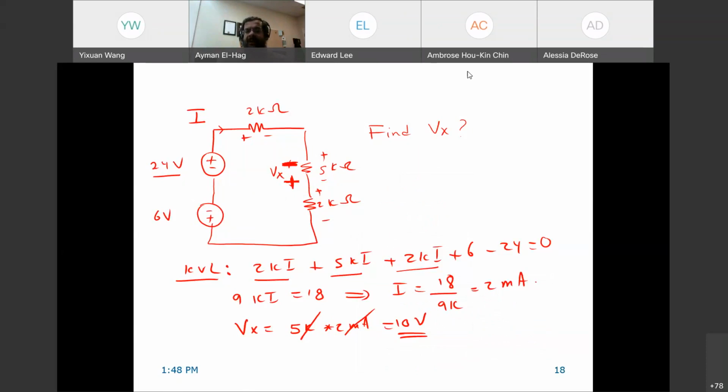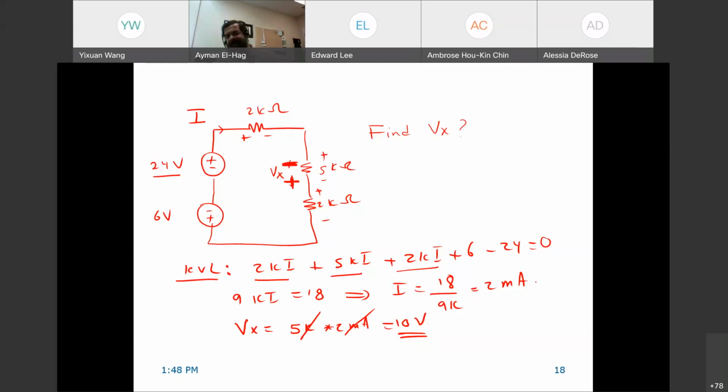What do you think, guys? 10 volt, minus 10 volt, exactly. Because the current is going in this direction, this is against the convention we have. If I reverse the polarity, then this becomes equal to minus 10.